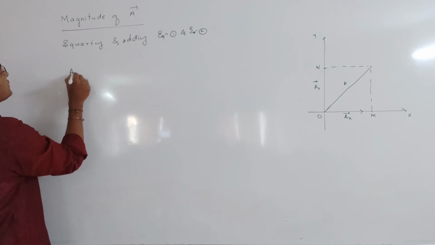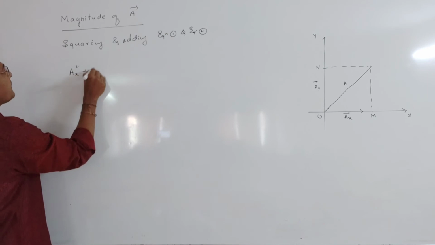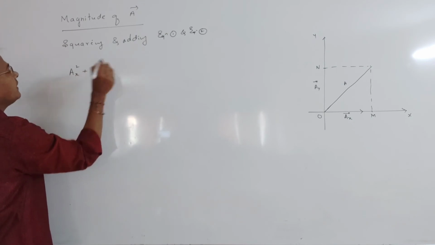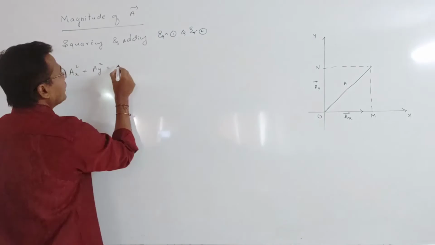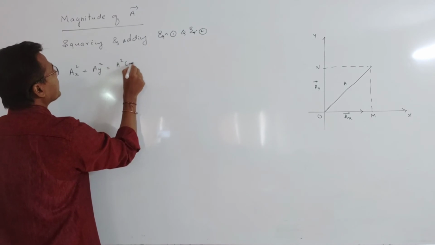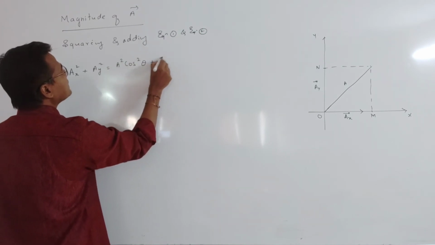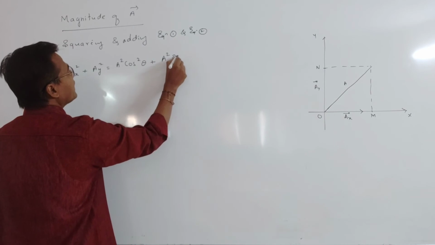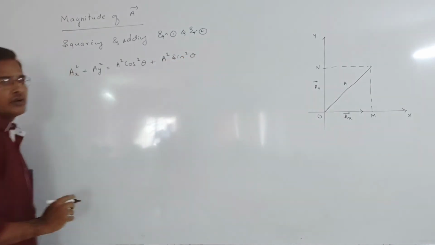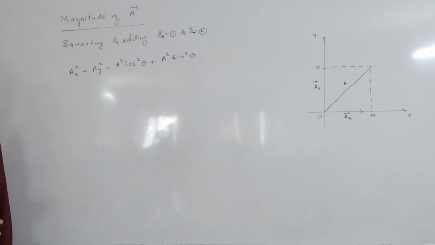LHS is AX square plus AY square, equal to A square cos square theta plus A square sin square theta.